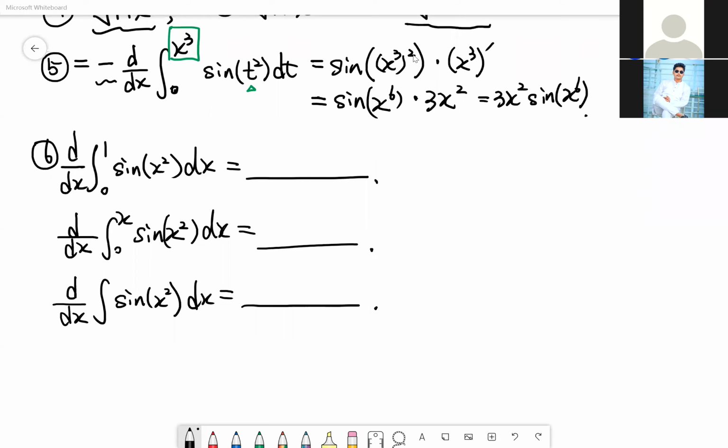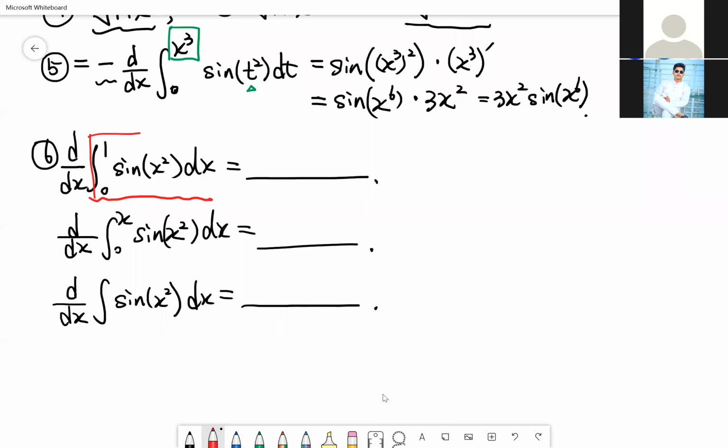Okay, let's solve it together. For the first one, you will find this part is a definite integral, right? Although we cannot calculate the result of this definite integral, you should remember that it is a constant, right?